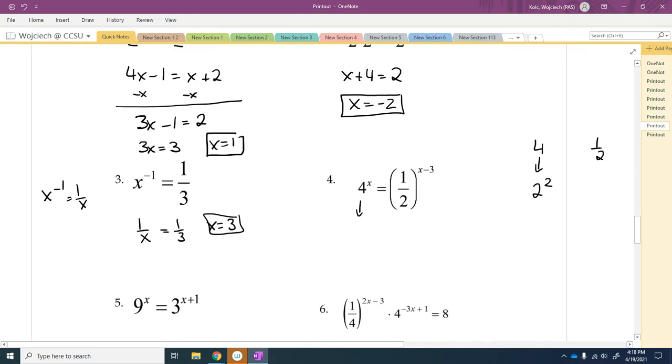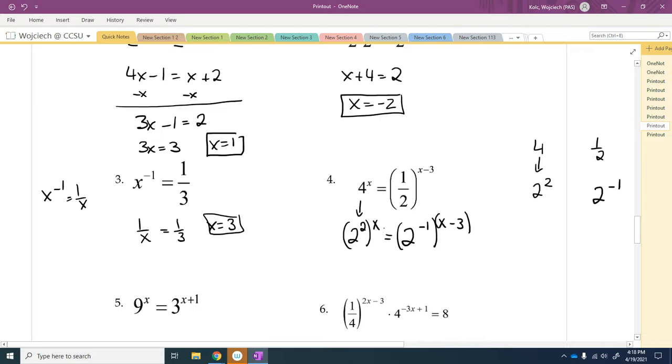So this becomes 2 to the second to the x power, okay? And 1/2 I can rewrite as 2 to negative first. Okay, 1/2 is 2 to negative first, which will be 2 to negative first and x minus 3.